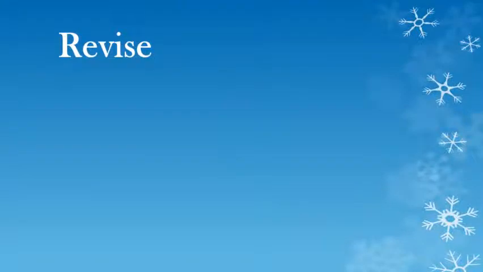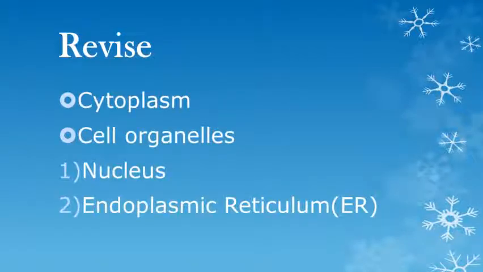In our previous session we covered cell organelles like the cytoplasm, the nucleus and the endoplasmic reticulum. What is the nucleus? The nucleus has the controlling power of the cell, that means it produces the proteins, and it contains the DNA and chromatin fibers.